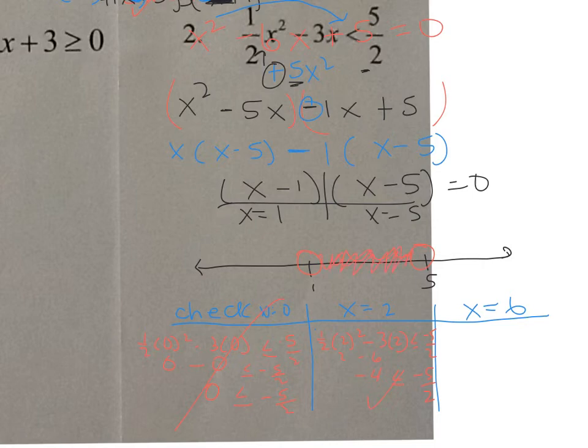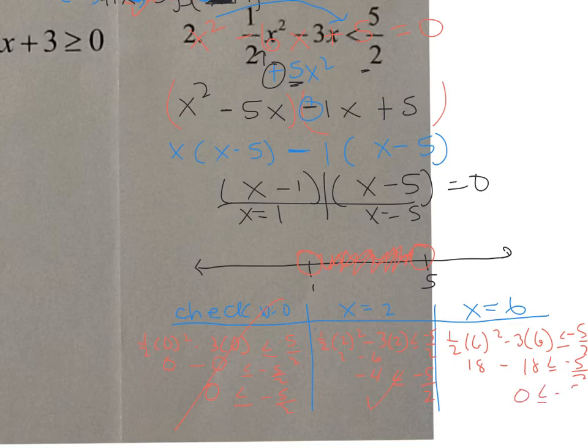Now we're going to try 6. So it's 1/2 times 6 squared minus 3 times 6. Is that less than or equal to negative 5 halves? 6 squared is 36. Half of 36 would be 18. 3 times 6 is 18. So 18 minus 18 is 0.